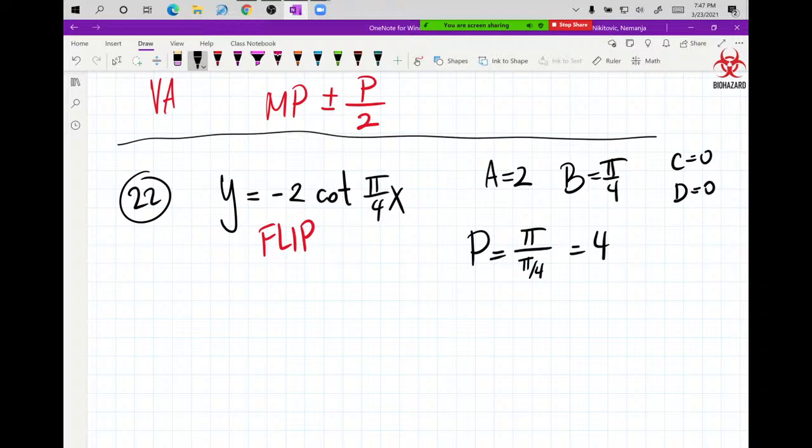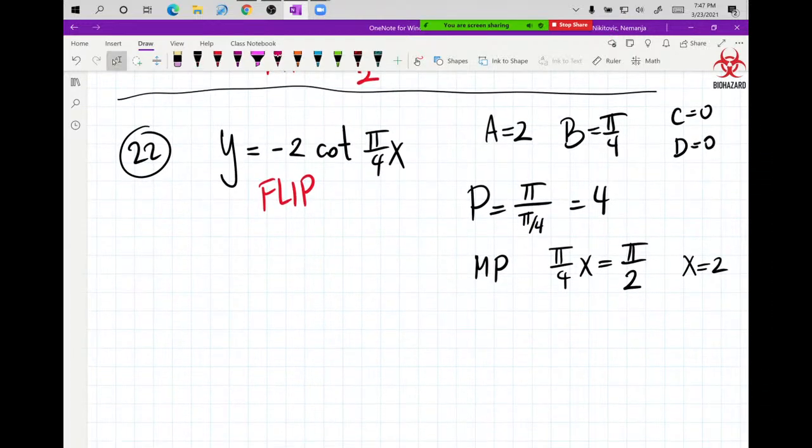And I need my midpoint. Now the midpoint is pi over 4 x equal to 0. Sorry, equal to pi over 2. What am I saying? Pi over 2. That's what's different. All other functions are equal to 0. Cotangent is the only one that is equal to pi over 2. And this calculation gives x equals 2, obviously, because when you multiply pi over 4 by 2, you get pi over 2.